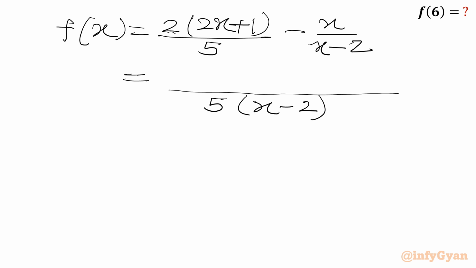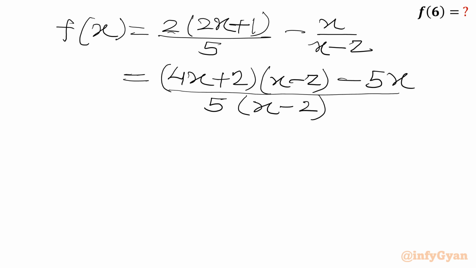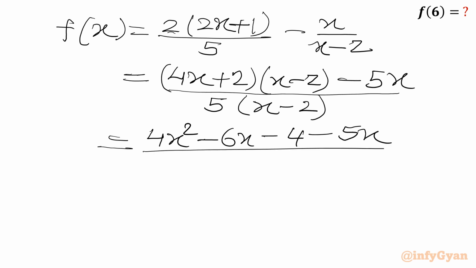Now I can write 2 times (2x plus 1) as (4x plus 2) times (x minus 2). Then x times 5, so minus 5x. We can easily write, let's simplify, expand. I will write 4x squared minus 8x plus 2x minus 6x minus 4 minus 5x over 5 times (x minus 2).